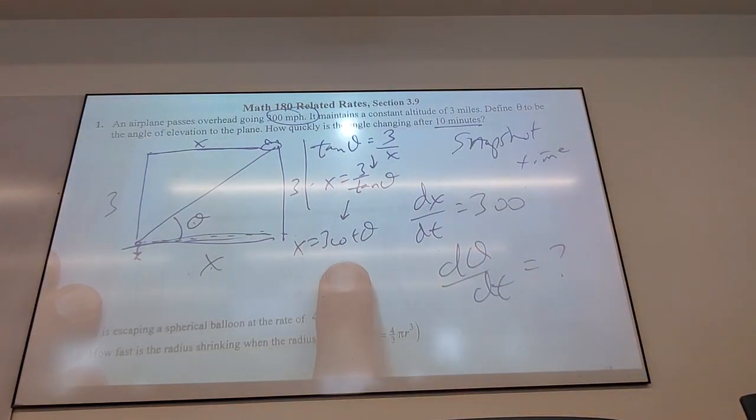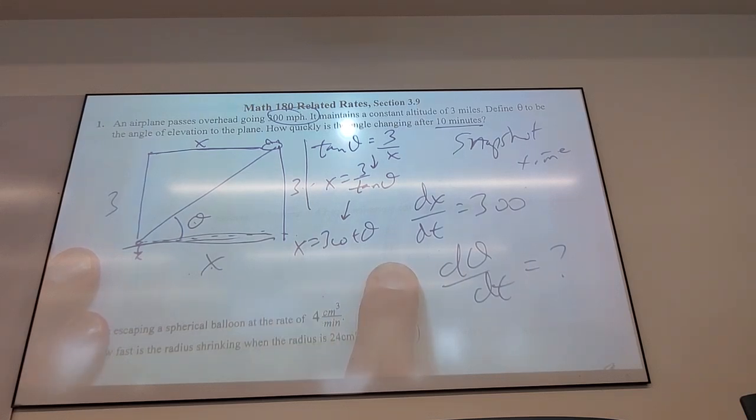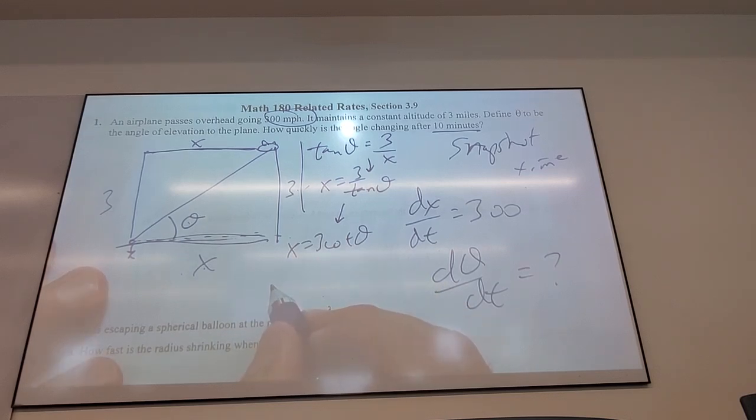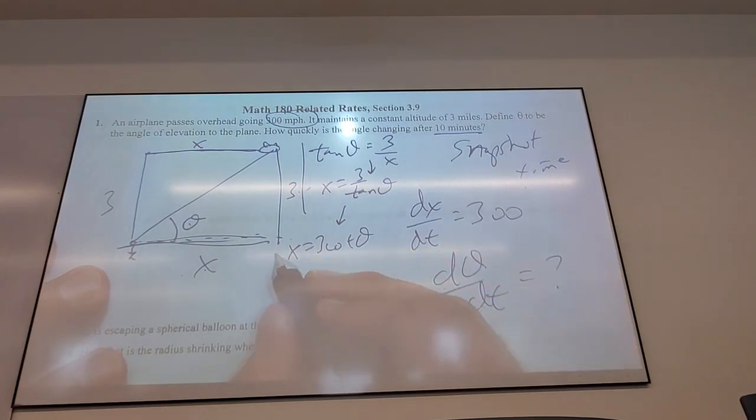So, what can I do now? Do I have a relationship between all the variables involved in my problem? Yes. So what do I do? Take the derivative of both sides. So what's the derivative of x with respect to t?